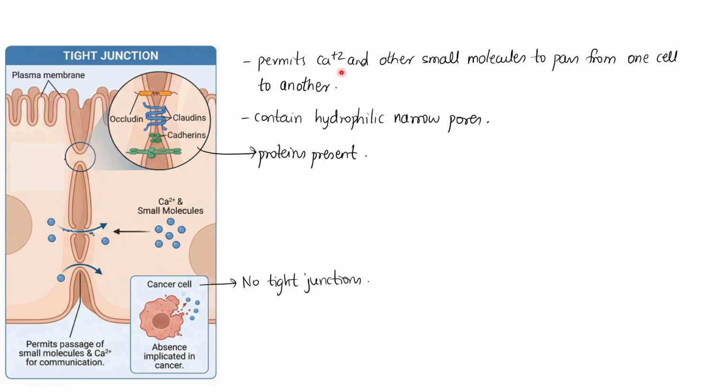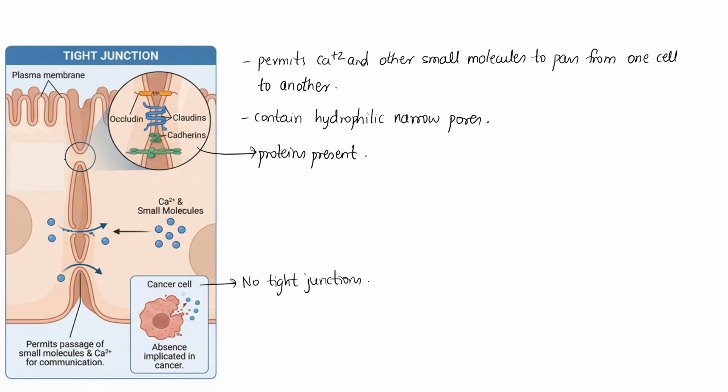They can permit small molecules and calcium ions to pass from one cell to another because they contain hydrophilic pores which are very narrow, and the proteins present in the tight junctions are occludin, claudins, and cadherins. In cancer cells, there are no tight junctions.